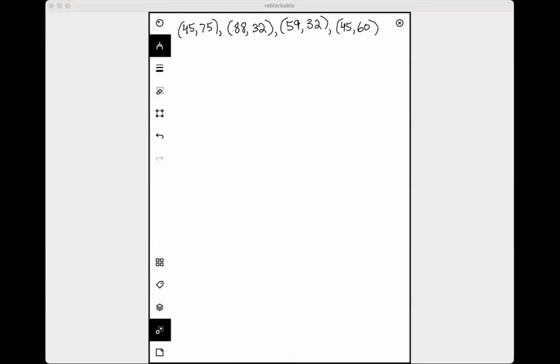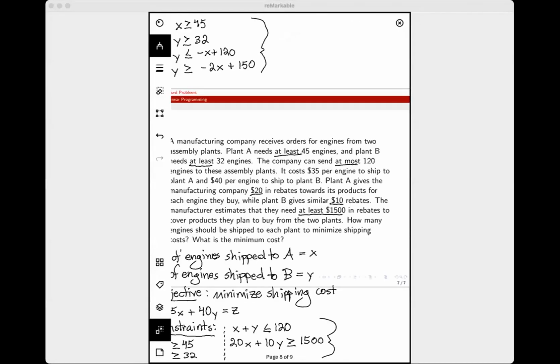Those are the coordinates that we need to check. And the function that we're trying to minimize, if I go back here, is down at the bottom: 5x plus 40y.